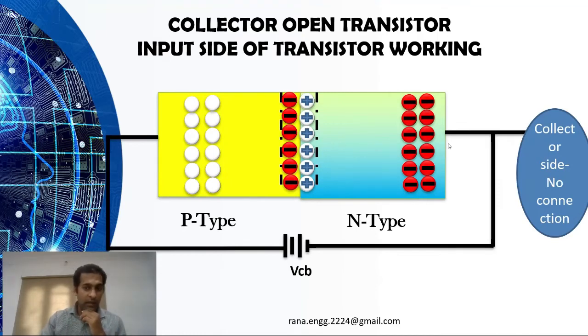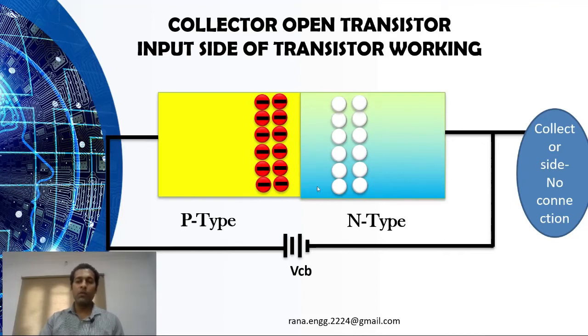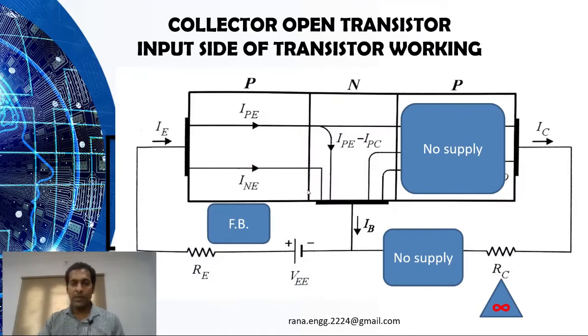For that, these electrons should come, strike this wall and break it. That is possible when they get more energy compared to the energy of this wall or barrier. If the value of this barrier is 0.7, they should get more than 0.7, say 0.8, to break this wall. Once they get this energy, they break the wall and flow across the device. So this can be compared with our diagram, this one.